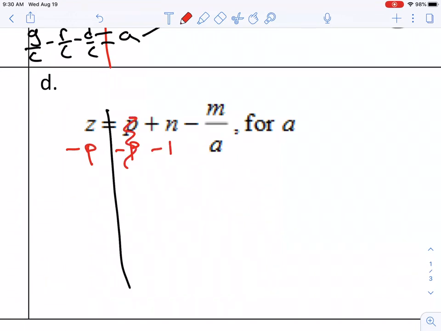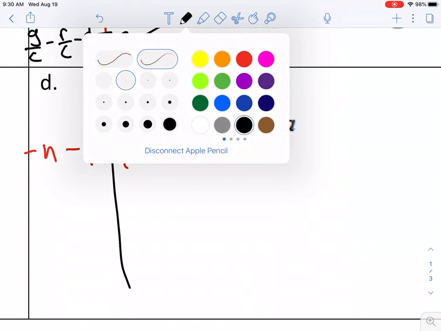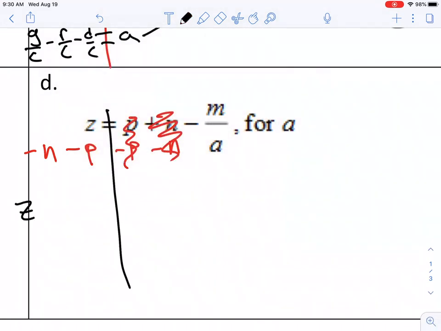I can also subtract n. So that makes those go away. So now I have on my left side z minus n minus p equals negative m over a.